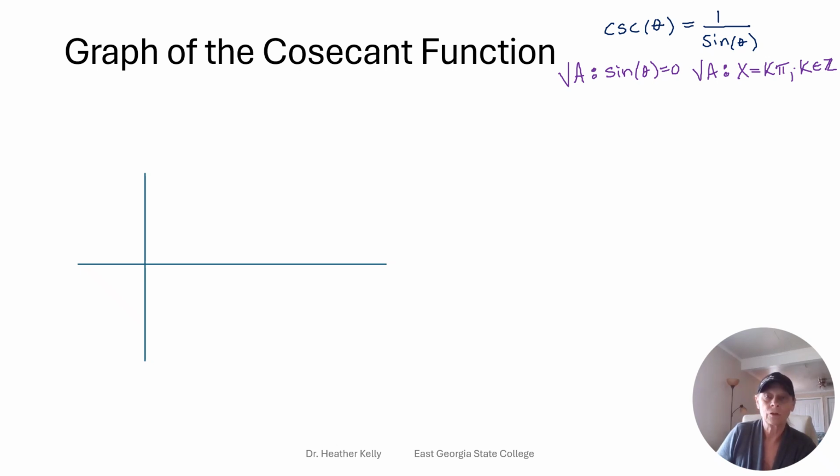Okay, so there's our vertical asymptote. So let's go ahead and draw that in. So we're going to have 0, we're going to have pi, and because the period of the cosecant function is 2 pi, we'll also have one at 2 pi.